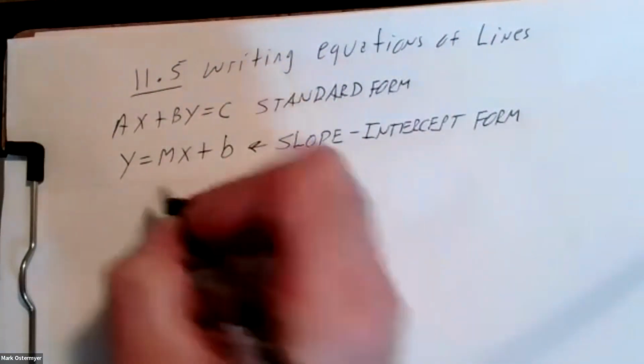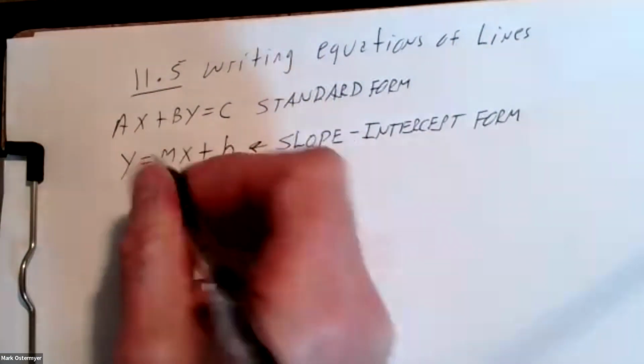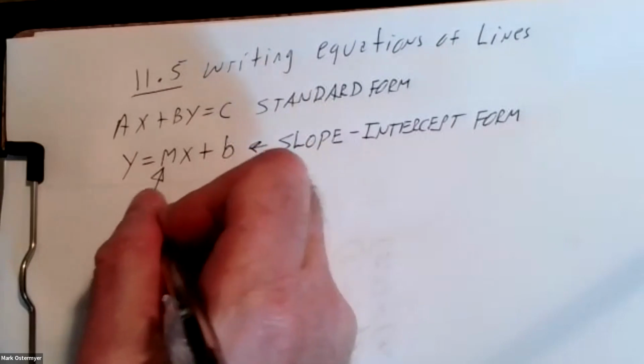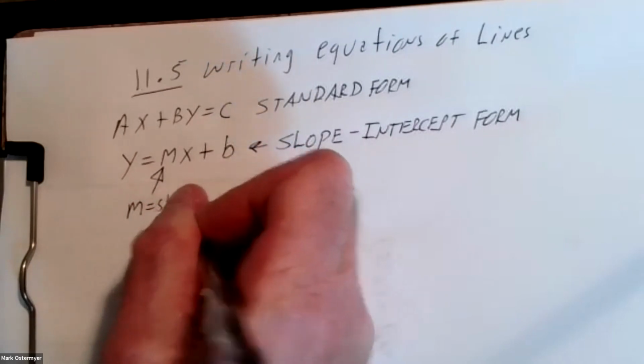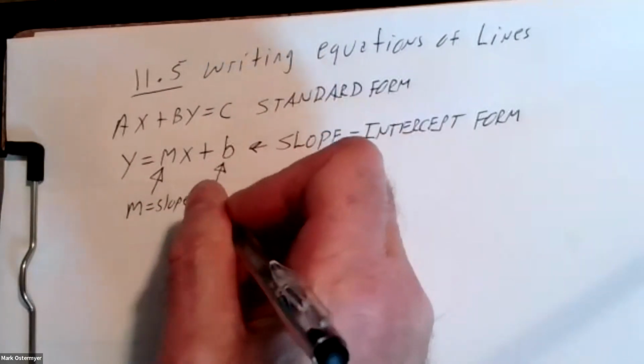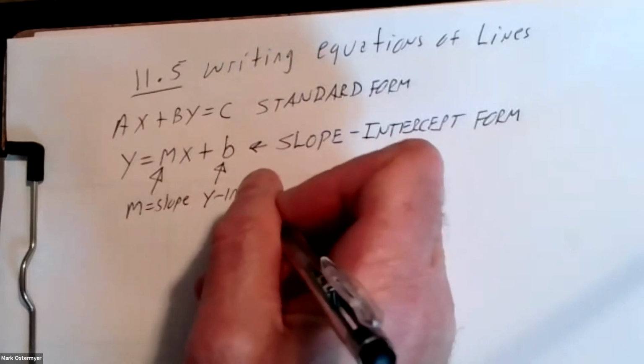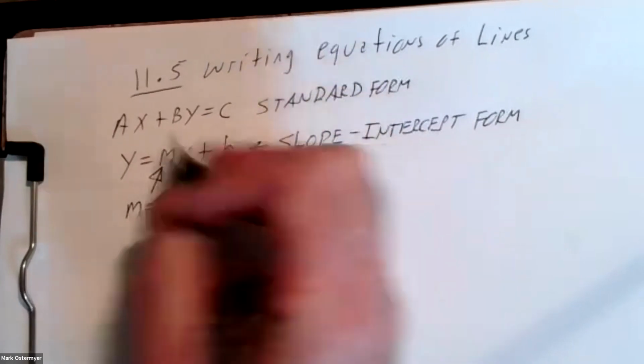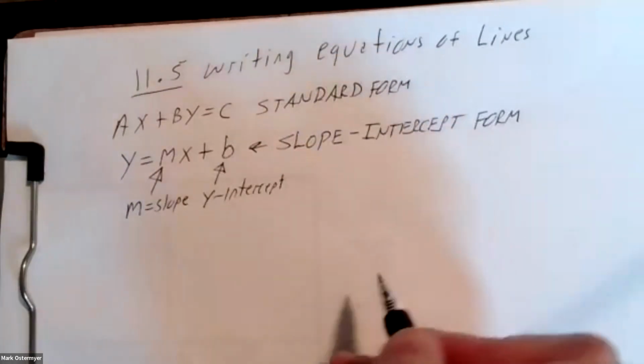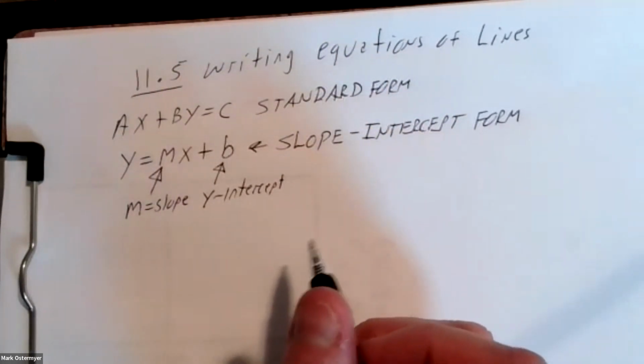They call it slope-intercept form because you can literally read off the slope from the equation. M is the slope of the line. B is the y-intercept of the line. That's why they call this slope-intercept form for a linear equation.